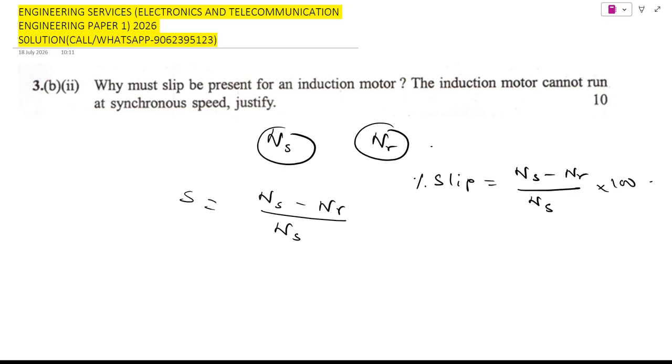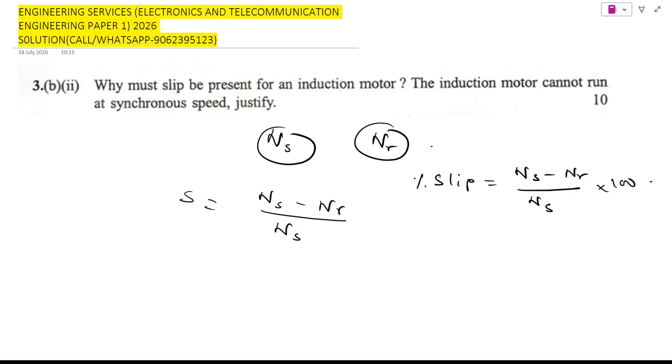If slip becomes zero, then the rotor speed becomes the synchronous speed, so the relative speed will be zero. Hence no flux cutting, no induced EMF, no rotor current, and no electromagnetic torque. Therefore slip is essential because it creates the relative motion required for electromagnetic induction. Without slip, the induction motor simply cannot produce torque.